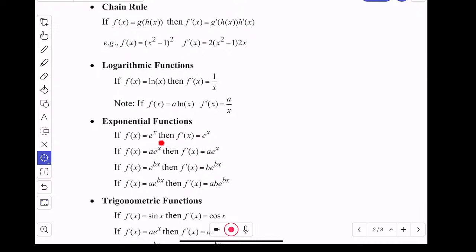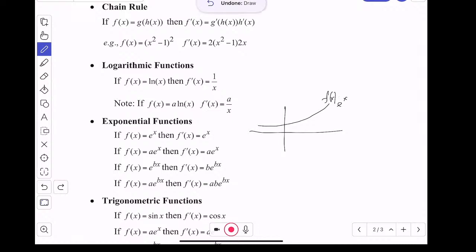The exponential function is such that the slope at any point of the exponential function is, so the derivative of the exponential function, oh my goodness, let me write that again.